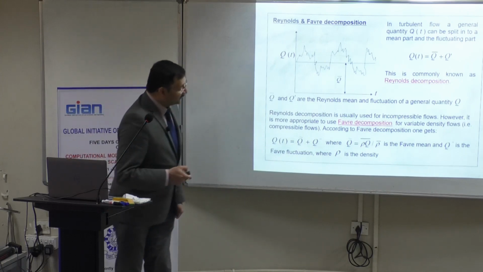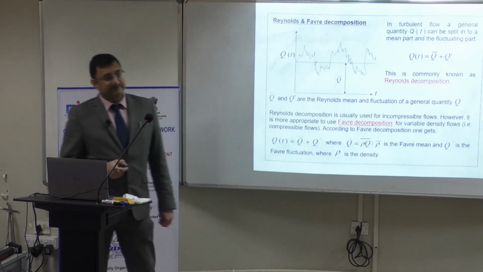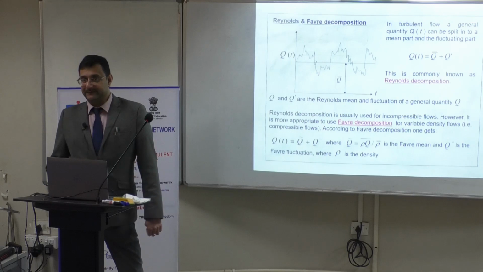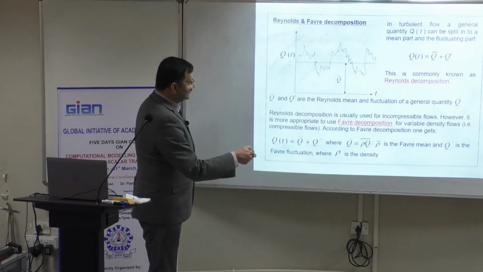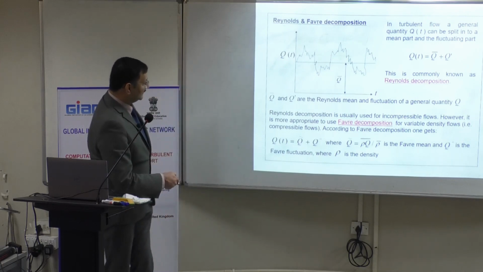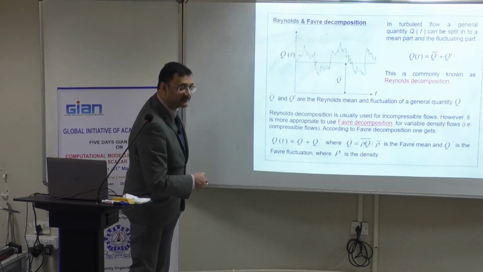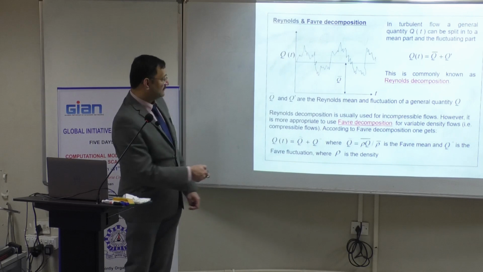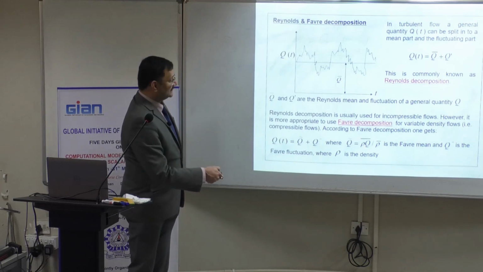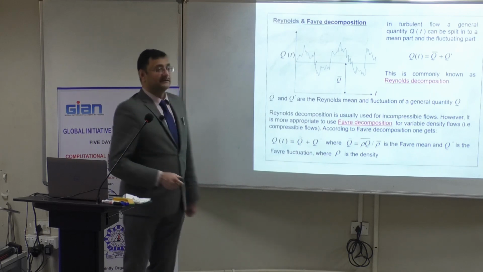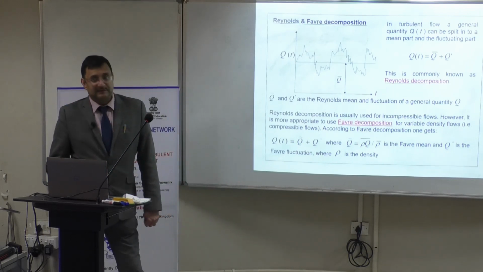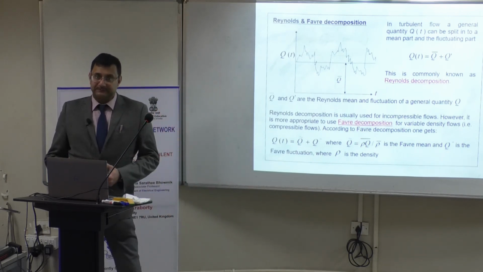In the case of compressible flow, where density changes significantly, the same quantity Q is split like this. This is called the Favre mean, as you can see, shown with a tilde. The over bar essentially refers to the Reynolds averaging procedure.